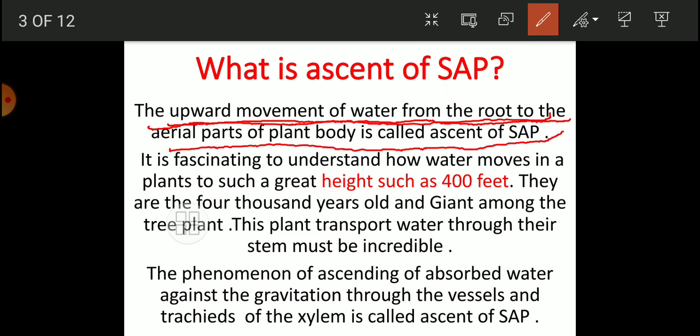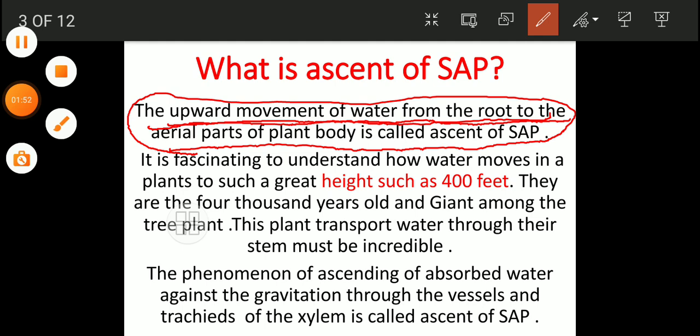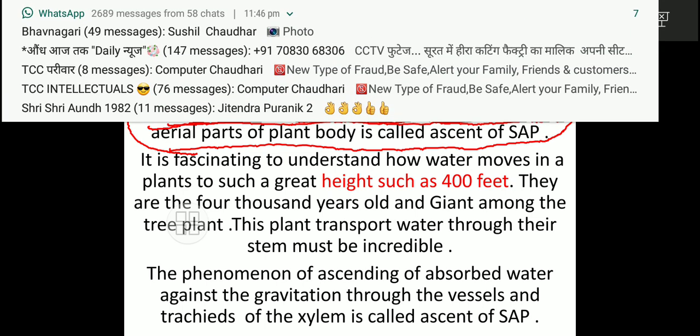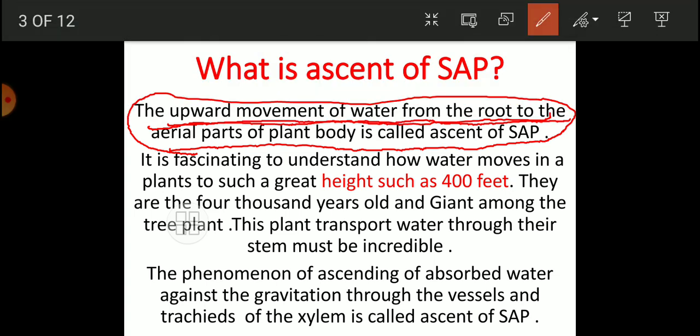Again, I am going to tell you this definition, because ascent of sap is nothing but the upward movement of water from the root to the aerial parts of the plant body.